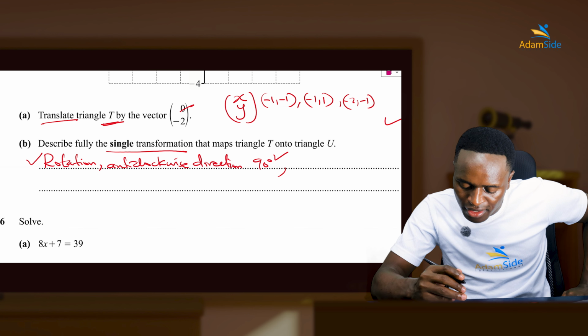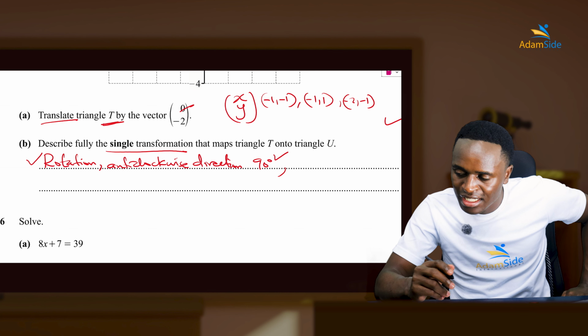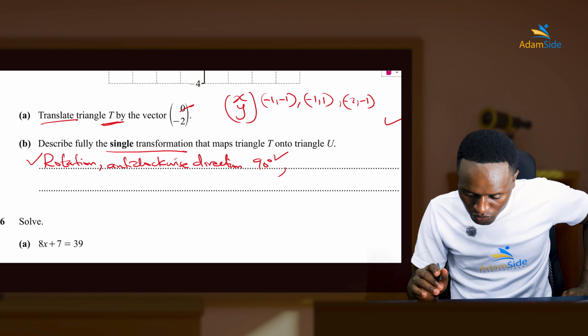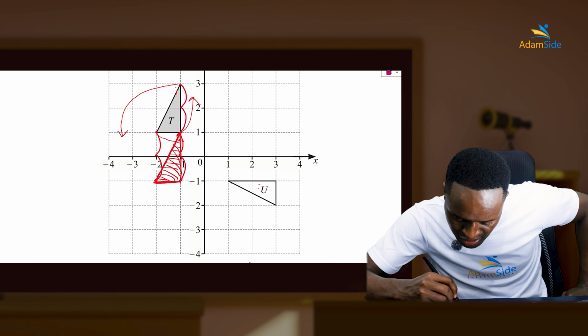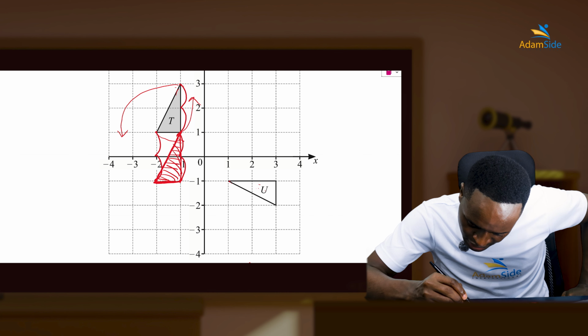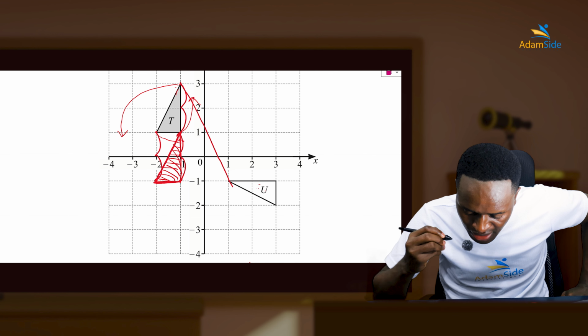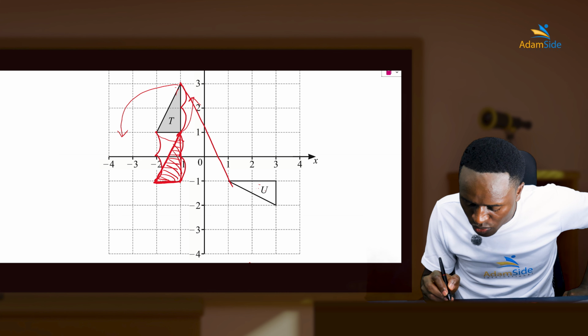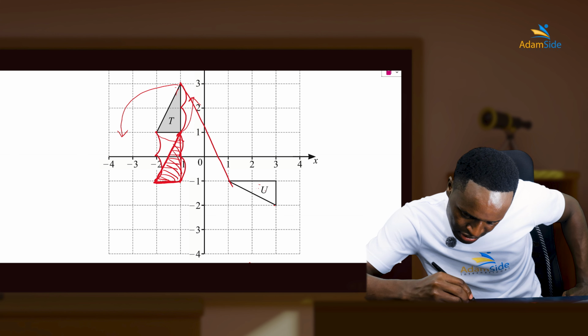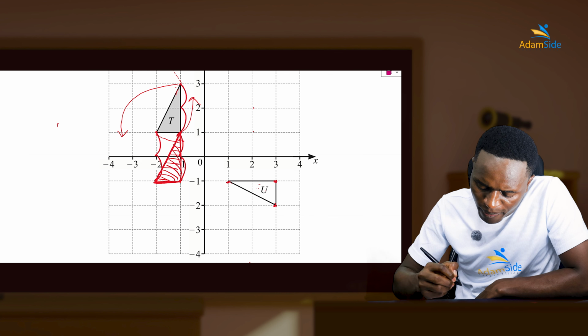So let's go back. How do we get the center of rotation? Go to the diagram. We have this point. Draw a straight line joining that point and its image, and do the same for another point and its image.